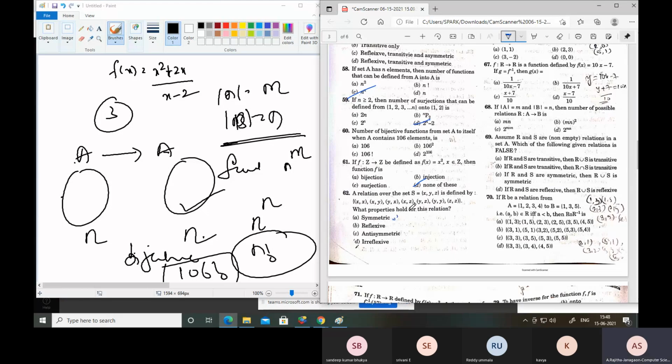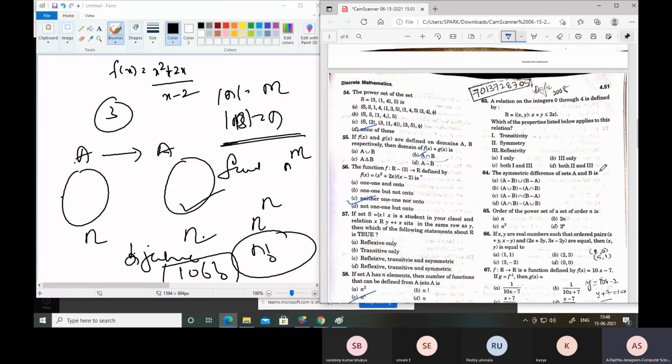Then coming to the reflexive property, here the reflexive property is satisfied. Coming to anti-symmetric, x comma y, y comma x, both of these two are the same here. And x comma z, there is no z comma x. Okay, and there is no anti-symmetric and irreflexive. So that's why it satisfies only the reflexive property.